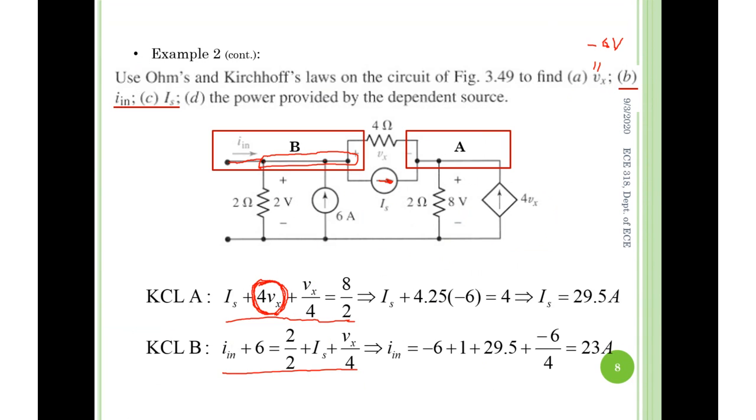Any other answer? Drew, what do you think? I'm not really sure. This particular term is which branch's current?